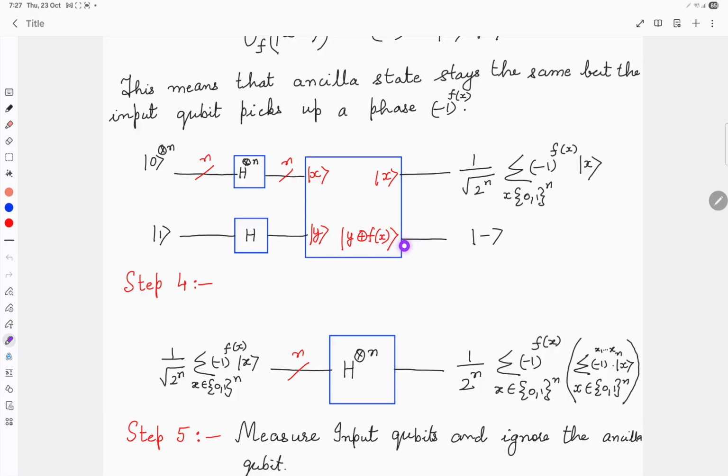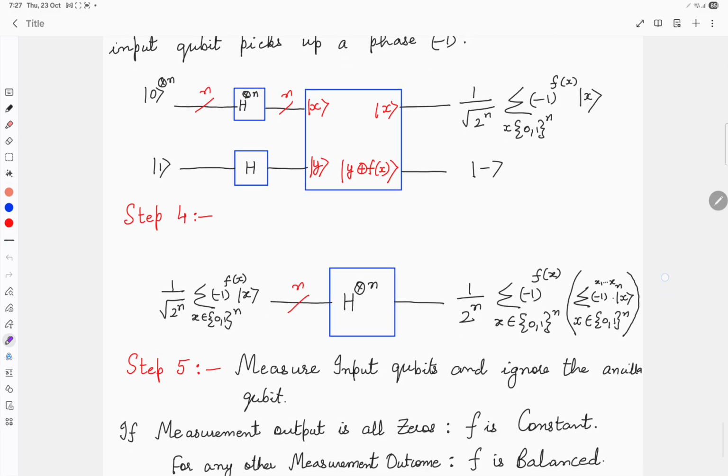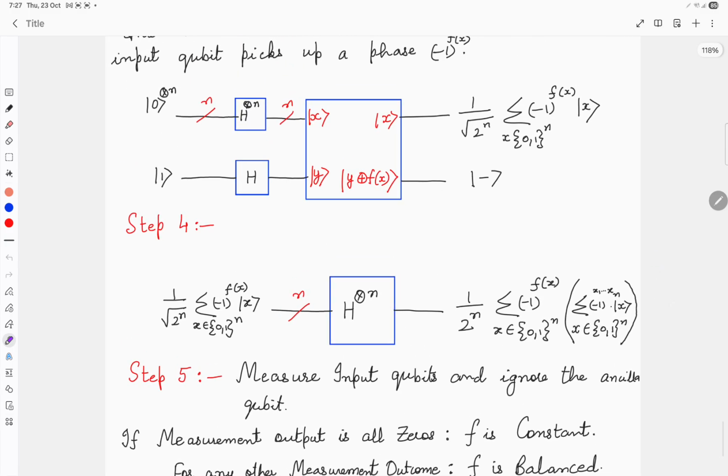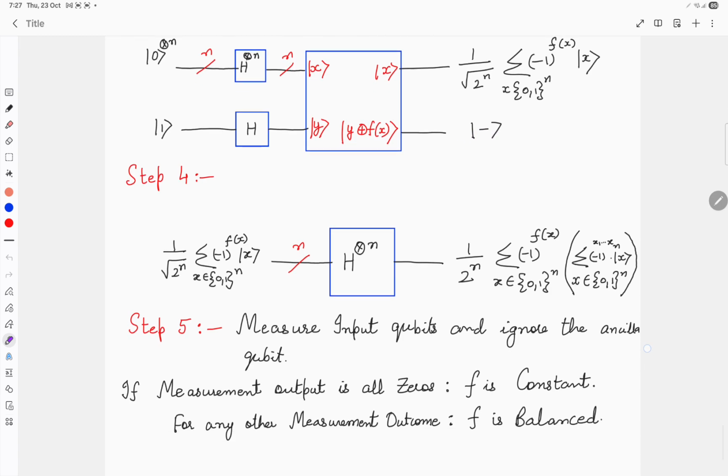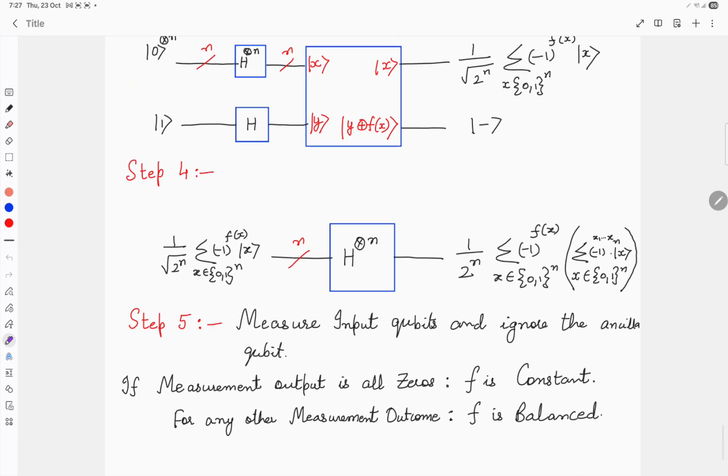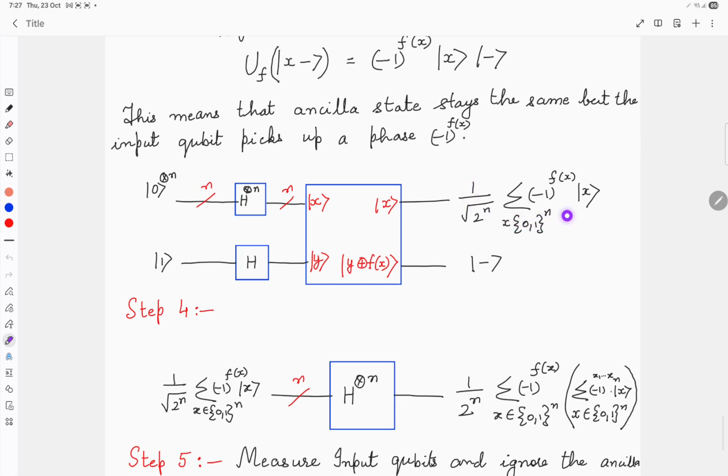But for the second, for this 1 qubit output, we will get y plus f(x), right? There will be a phase kickback depending on the value of the second qubit, which is ket minus. So this is the final expression, because at this point we get this as the output of the oracle.